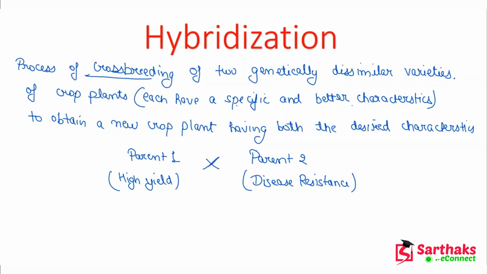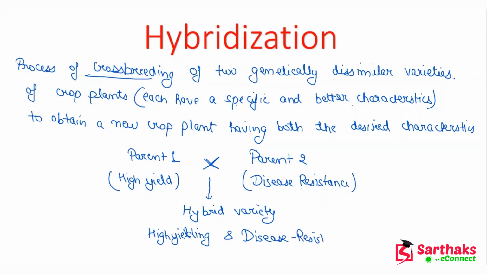And if we hybridize both of them, that means multiply both of them, the hybrid variety will have the characteristics of both. That means it will be a high yielding plant, and also it will have disease resistance. I hope this is clear to all of you how hybridization is done.